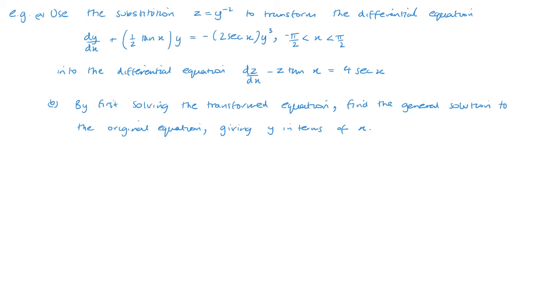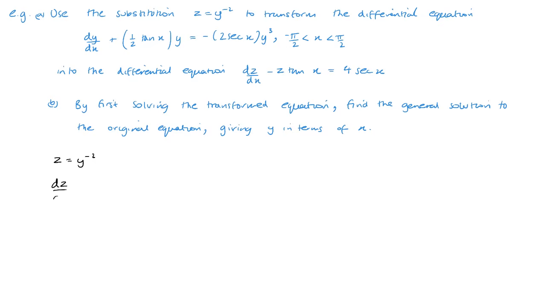So here's our example. We need to use the substitution z equals y to the power minus 2 to transform this differential equation into this differential equation. First start off with the substitution, z equals y to the minus 2, and then we want to differentiate this with respect to x.